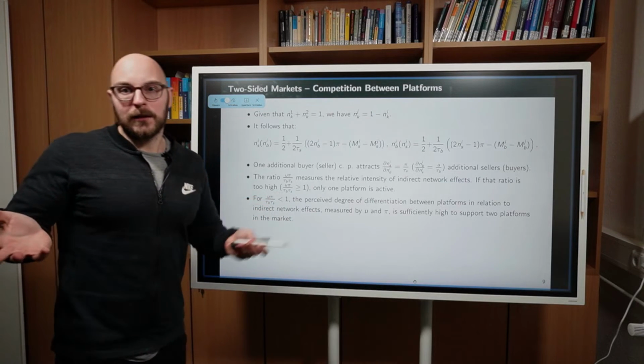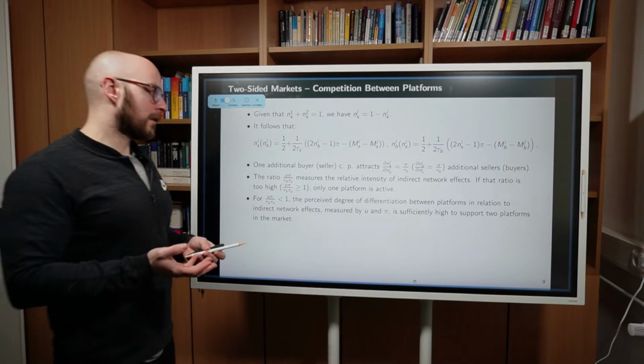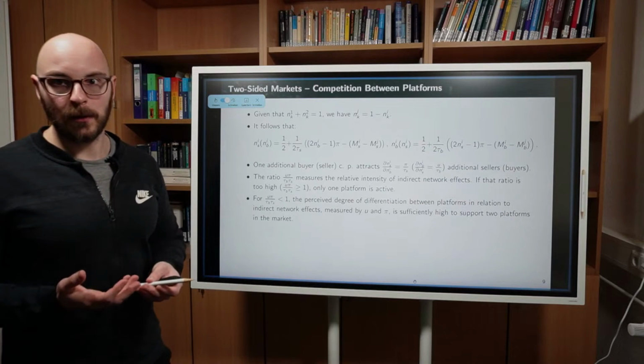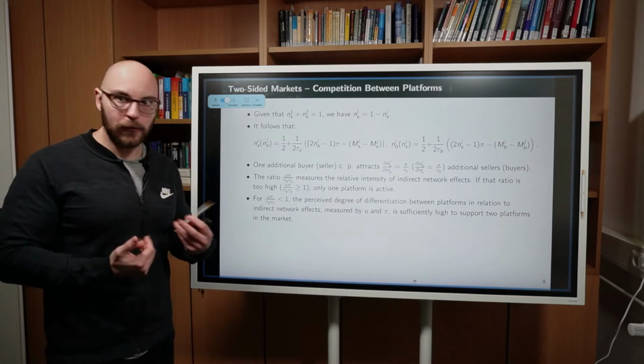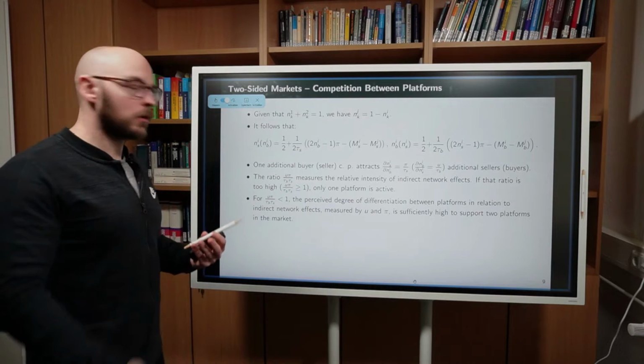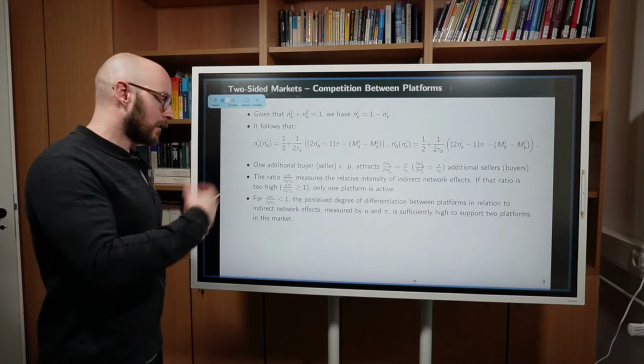You could think about that in a similar fashion as social media, right? So if you have a social media platform and once enough of your friends are on the platform, you will go there as well, right? That's the direct network effect.